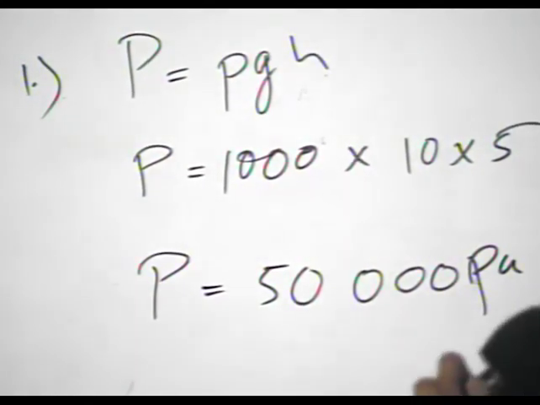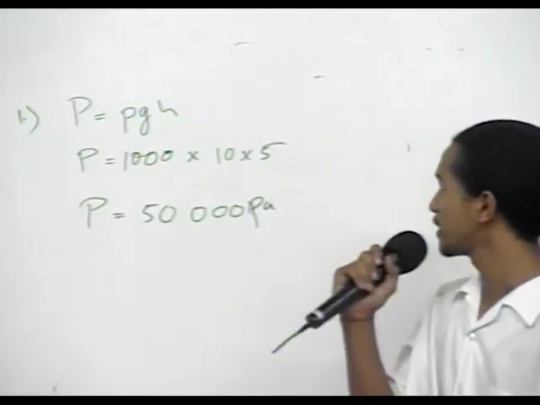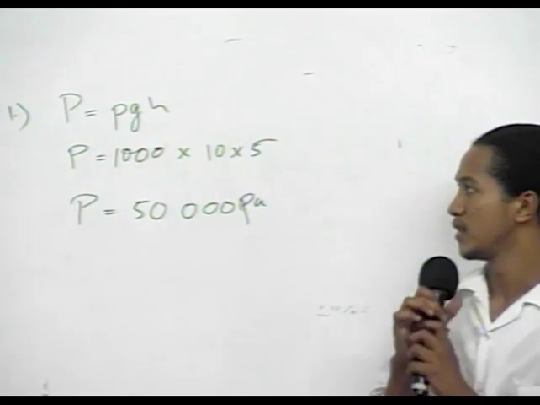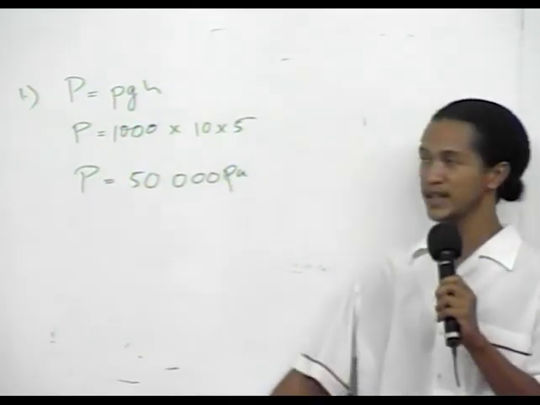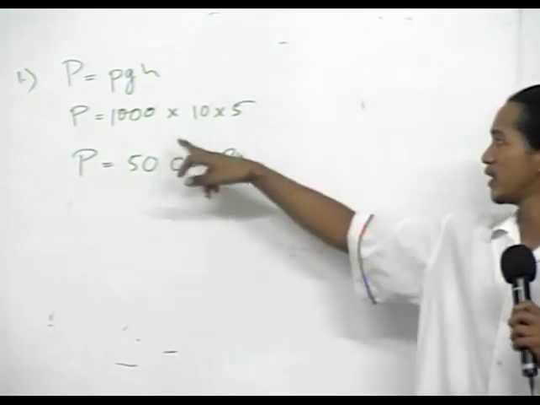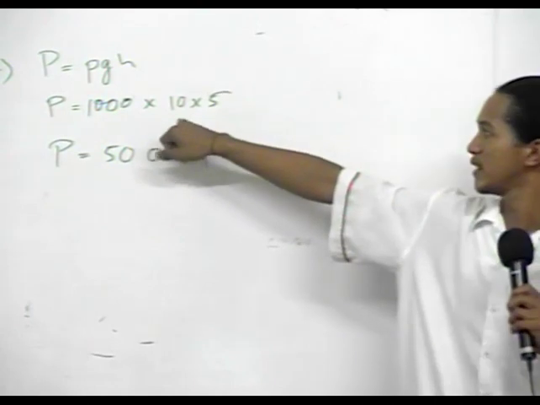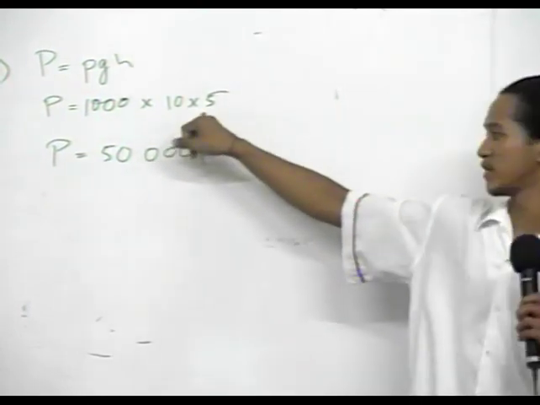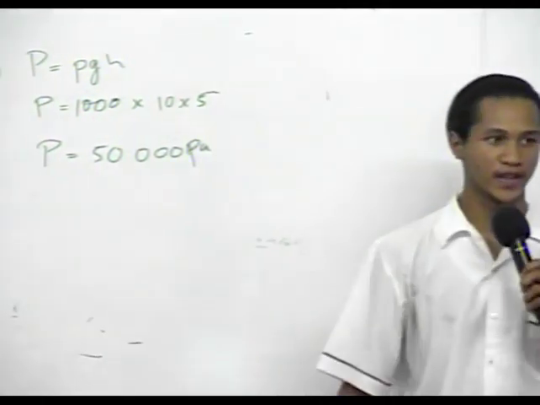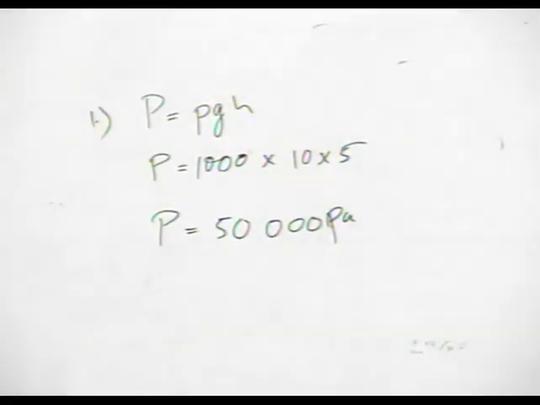The formula: pressure equals density times gravitational force times the height. So for the density, which is 1,000 kilograms per meter cube, times gravitational force due to gravity, which is 10, times the height, 5, and this is my answer, 50,000 pascals. Okay, 50,000 pascals is the answer.